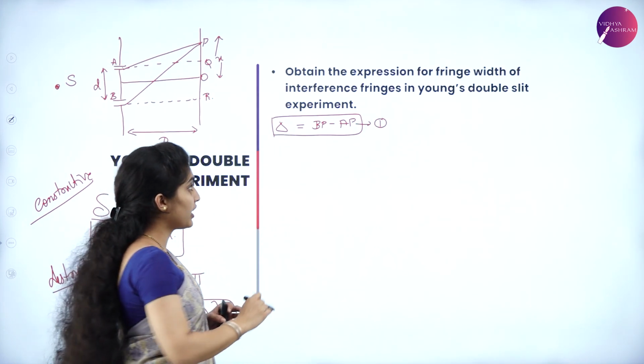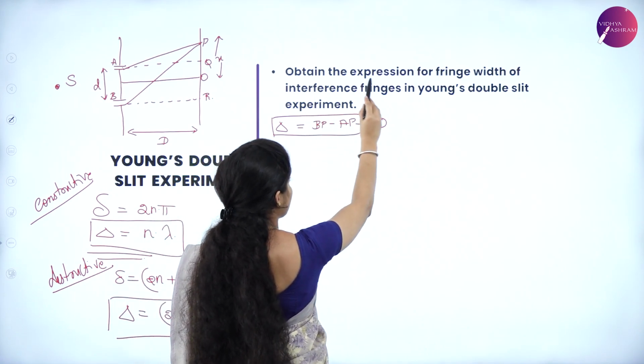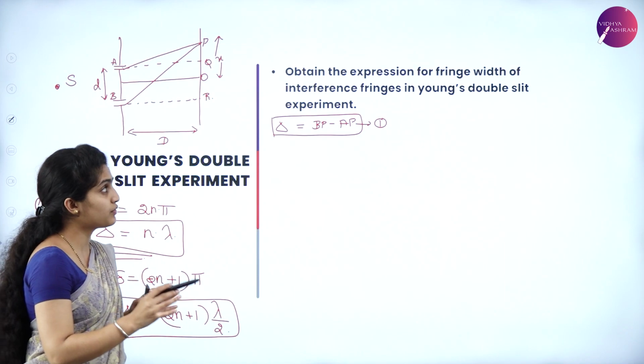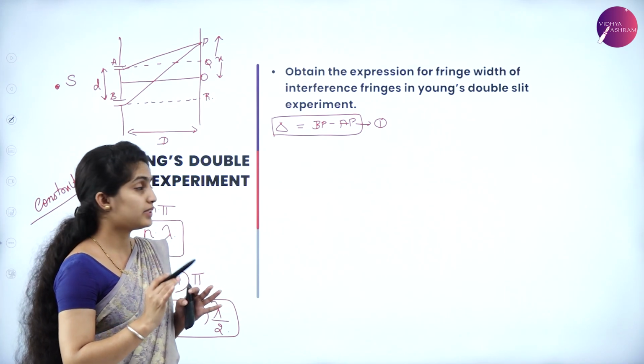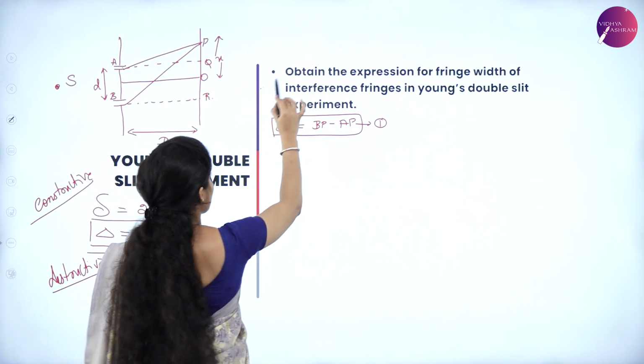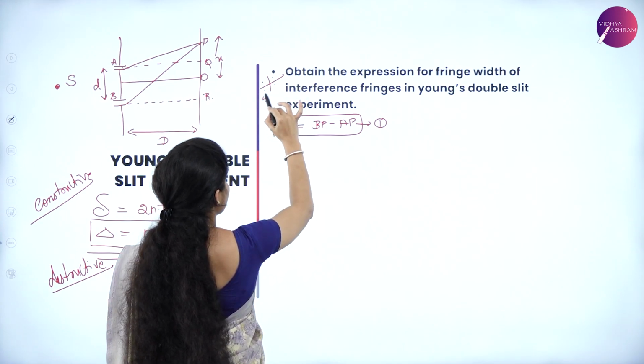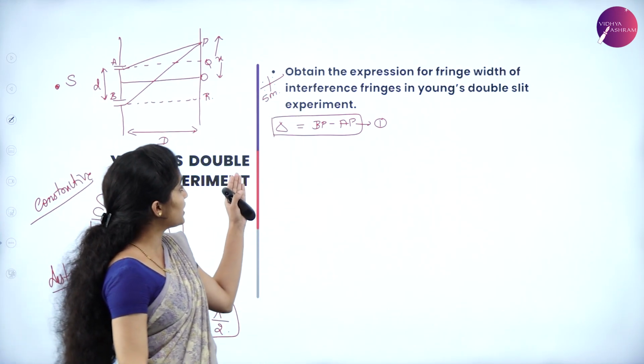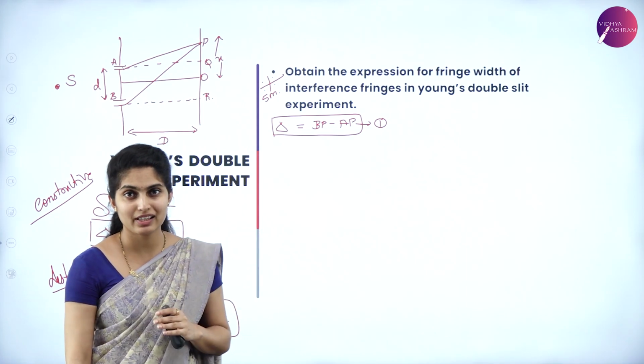The question for this double slit experiment is to obtain the expression for the fringe width of interference fringes in Young's double slit experiment, which is a very important concept for 5 marks from this chapter. So we have delta equal to BP minus AP.